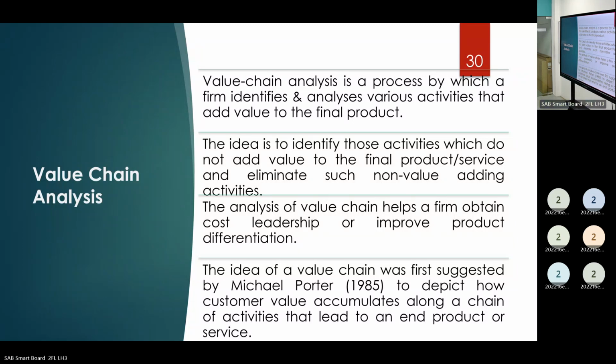Non-core but value added, you may outsource, right? Non-core non-value added, you can eliminate. Core activity but non-value added from the customer perspective, you have to reduce.